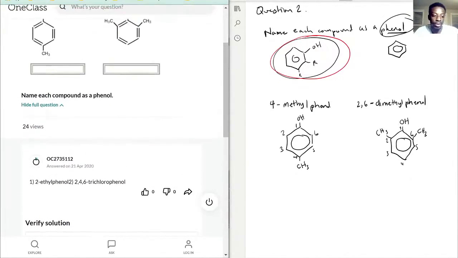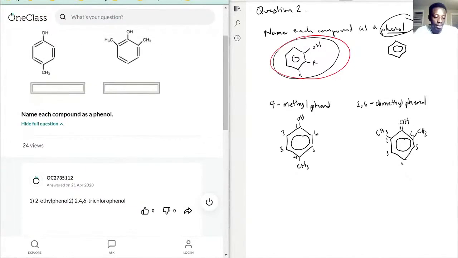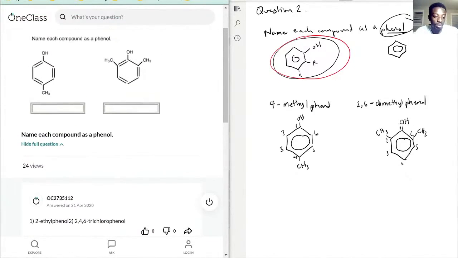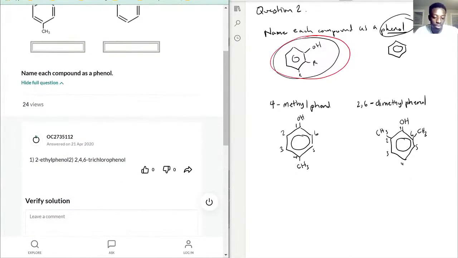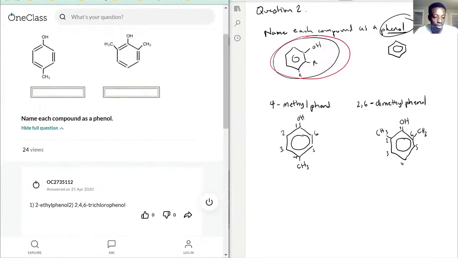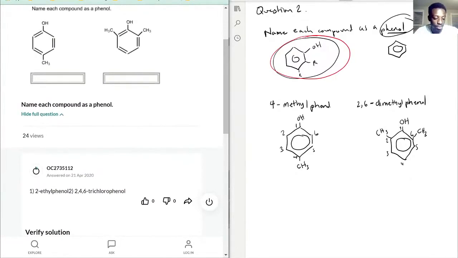So for this, I am impressed, because 2-ethylphenol is not correct here. If we had our phenol group with the OH, depending on where you started, let's say the 2 was here, that would be 2-ethylphenol.